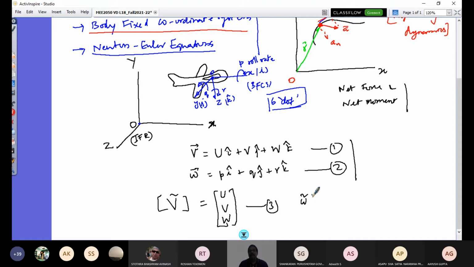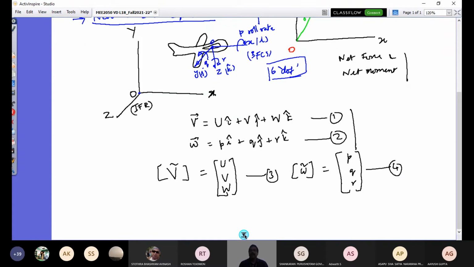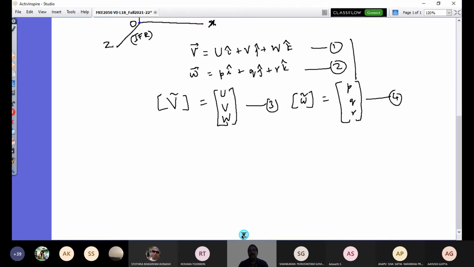And you would say immediately, I can represent my angular velocity by this column vector P, Q, R. So when I have that, 1 represents 3 and 2 represents 4, you should say. So now let's go ahead with finding out this net force. What I mean by net force is the value of the force. It will be given by the force vector.